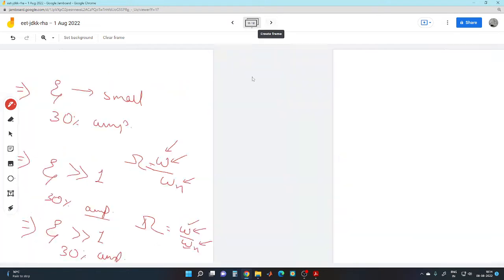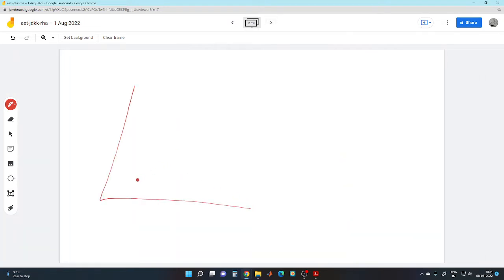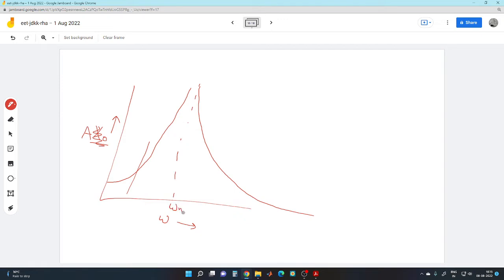If you remember the class, it was this type of figure. This is x naught, or the amplitude of vibration. Let's just say it as capital A, and this is omega, and this line here is omega n.